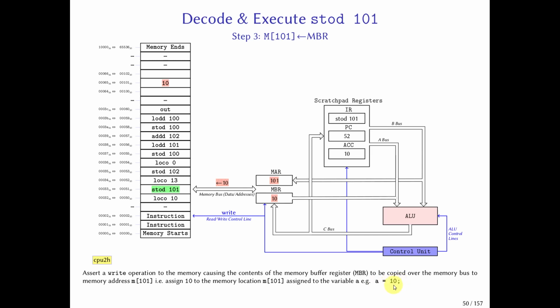Remember, 10 was our constant value that we brought inside the CPU and put in the accumulator, and then we had to bring that 10 from the accumulator out to the memory cell that was set aside for the variable A. So at this point, after having executed two machine code instructions, we've observed the control unit and the CPU doing 16 distinct operations to basically carry out something that we would have thought was very straightforward, which is making A equal to 10.